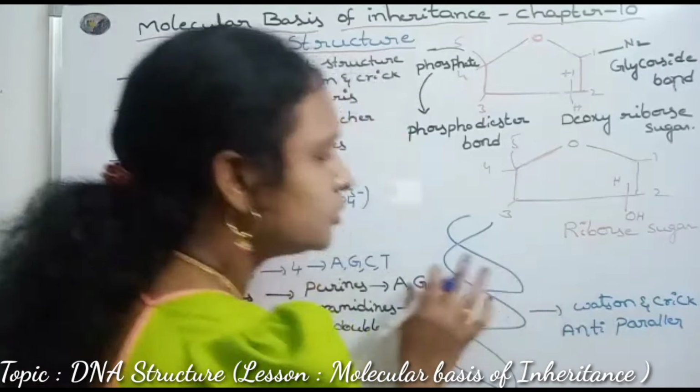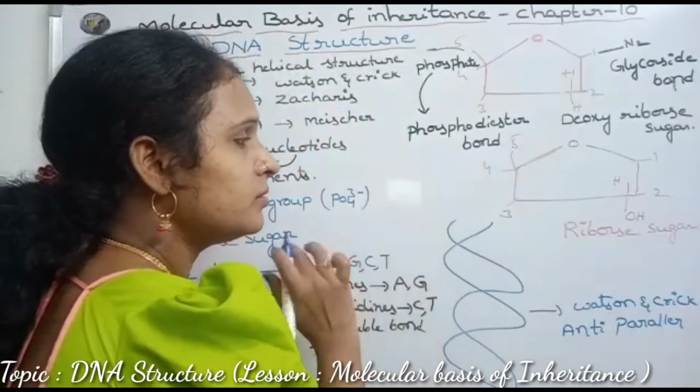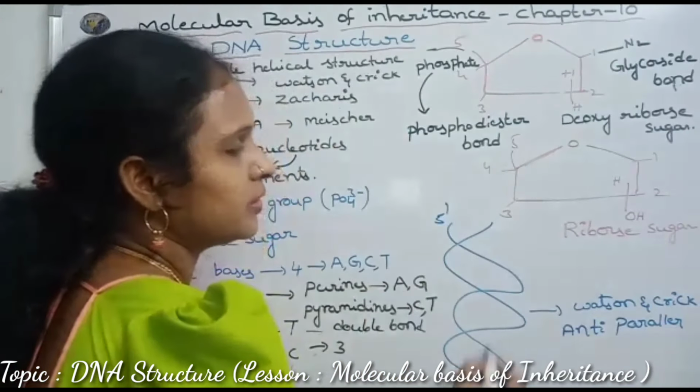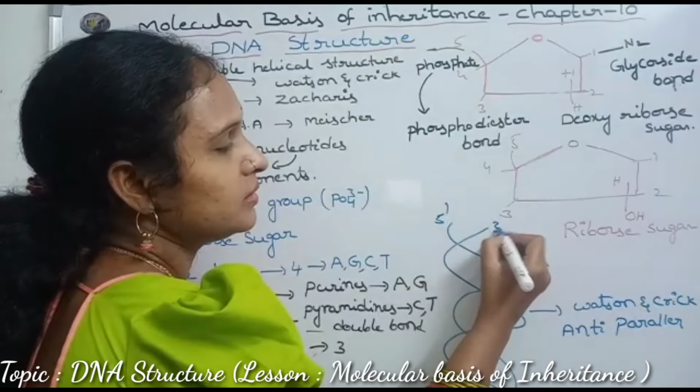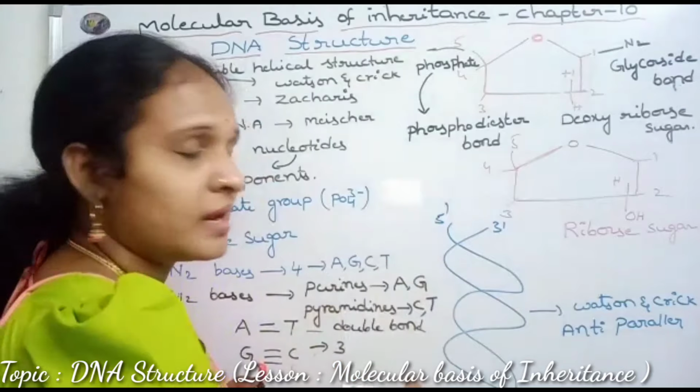Anti-parallel means the two strands are parallel but opposite. One strand starts with the 5' and ends with the 3'. The other strand starts with the 3' and ends with the 5'. That is the anti-parallel strands.